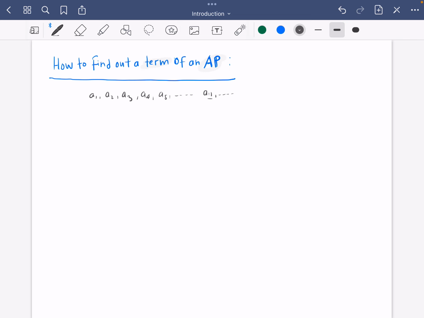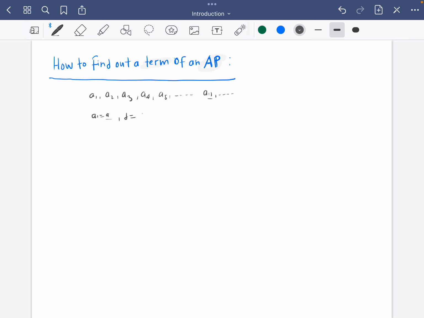Well, let's first get a few things clear. The first term of an AP is A1, or generally A. We write it as A, and the common difference, that is the difference between two terms in a row when we subtract a term which is lower in sequence from higher in sequence.